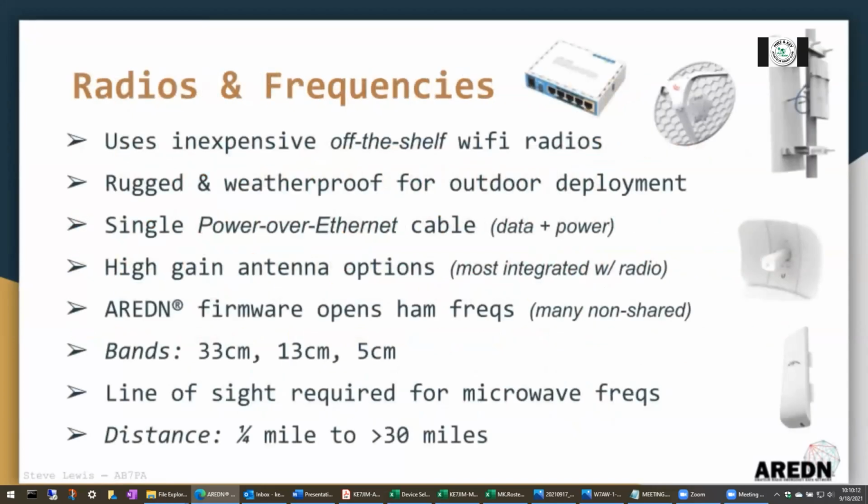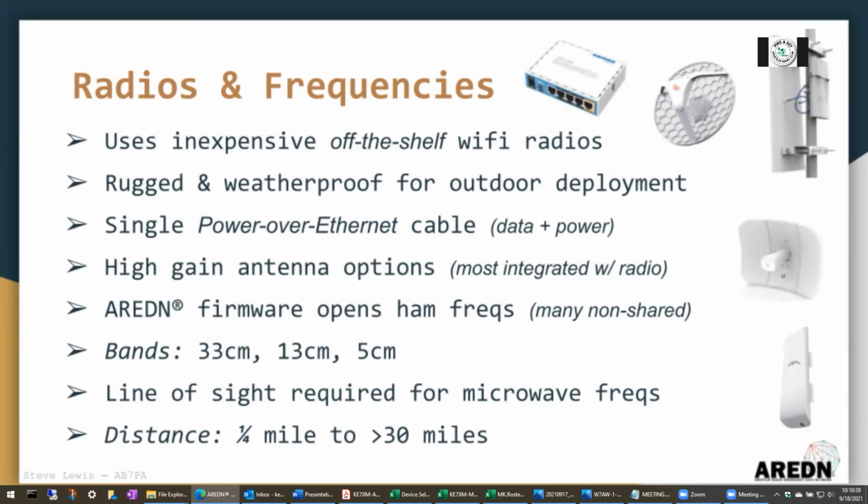Devices that support Arden come in a wide variety of shapes and sizes because Arden firmware can be installed on many types of inexpensive, off-the-shelf Wi-Fi radios. Arden allows us to repurpose commercially available radios as mesh network nodes, many of which can communicate on unshared frequencies that are set aside specifically for licensed amateurs.